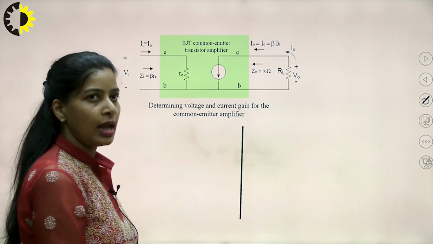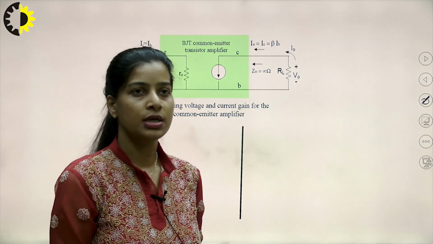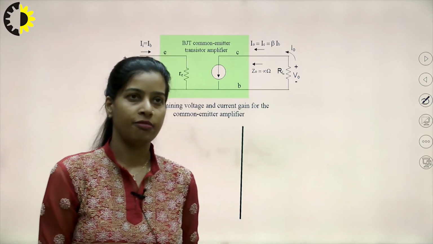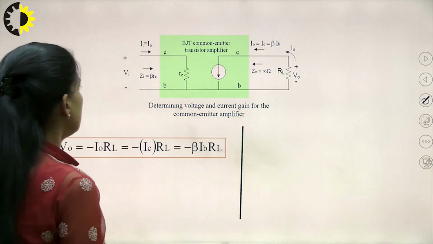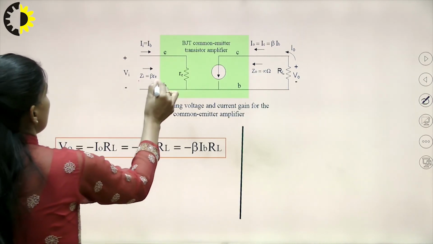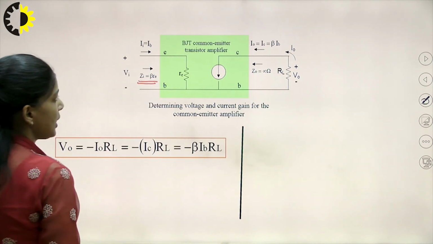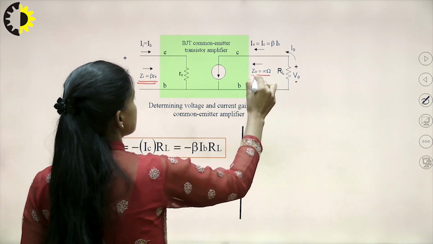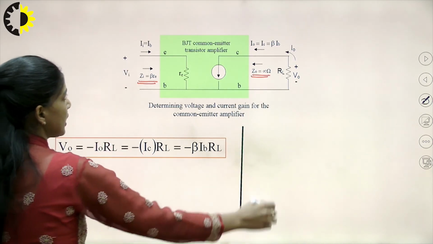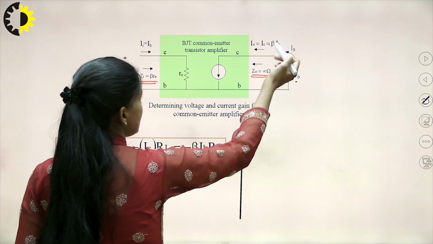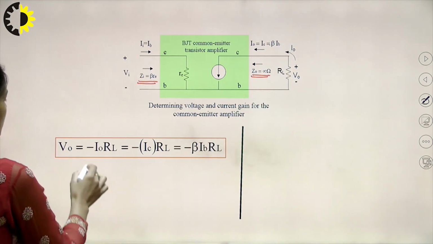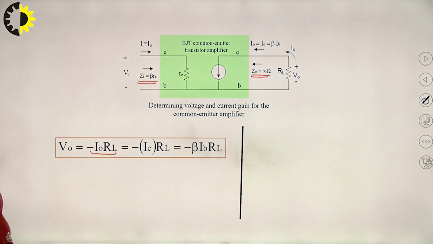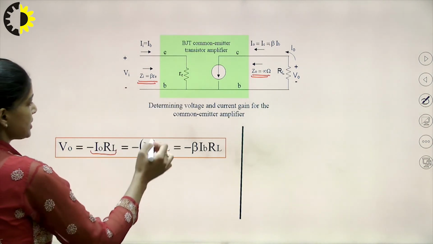Now the voltage gain and the current gain of this common emitter amplifier using the re model. So on the input side we have input impedance as beta re and the output impedance is infinite. The current I0 will be IC, which is equal to beta IB. So output voltage will be I0 into RL and that I0 is IC.